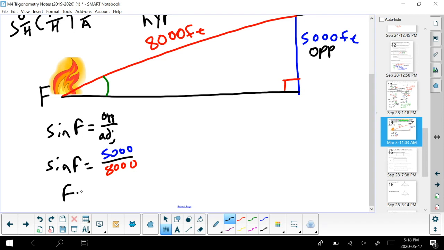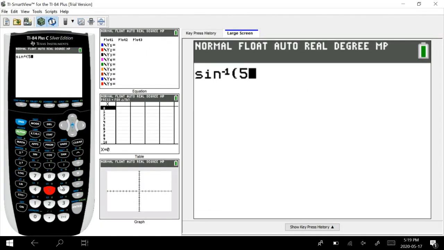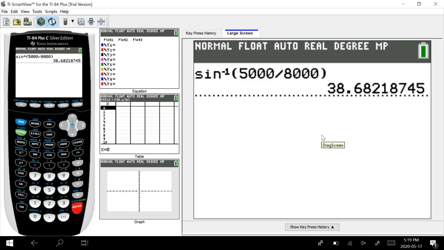We want to take the inverse sine of both sides, so the inverse sine of 5,000 over 8,000 is what I'm going to type into my calculator here. So we have the inverse sine of 5,000 over 8,000 is equal to 38.68.